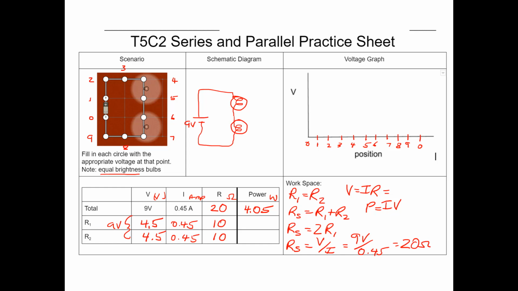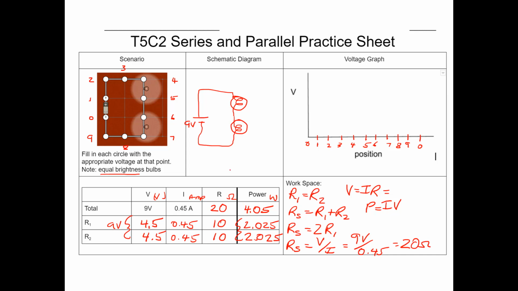A resistor uses that power. 4.5 times 0.45. Put in the calculator, you get 2.025. And for the similar light bulb, this is 2.025. Also, power going in equals power coming out. So if I add up these two, they equal the power. So I must be doing something right.